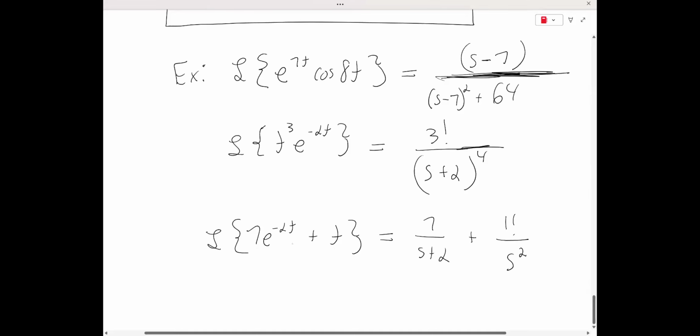Okay, so this would be the answer here. And the 1 factorial is 1, you write 1 here. No, because the e was only on the first one. Yeah, just on the first one there. Okay.